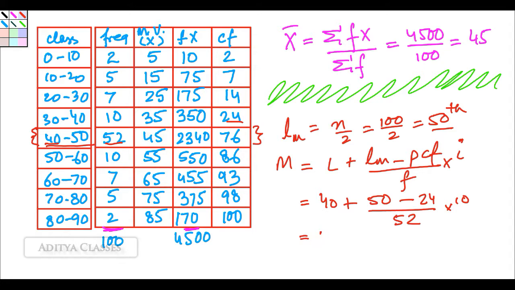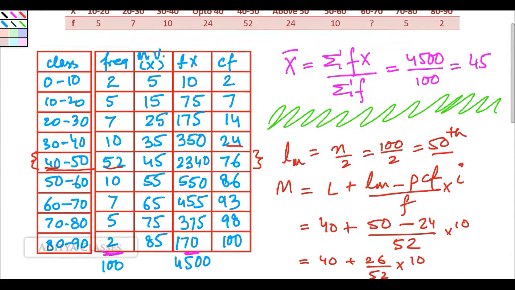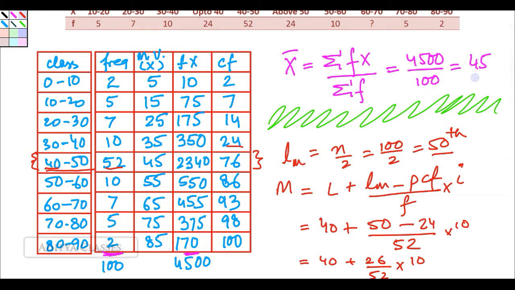So the median becomes 40 plus 26 upon 52 multiplied by 10, giving us 40 plus, this will become 5, that is 45. So our median also comes out as 45. Our mean was also 45.